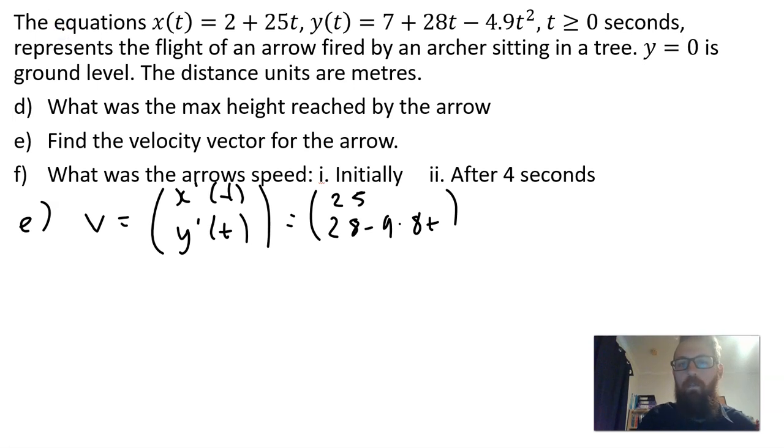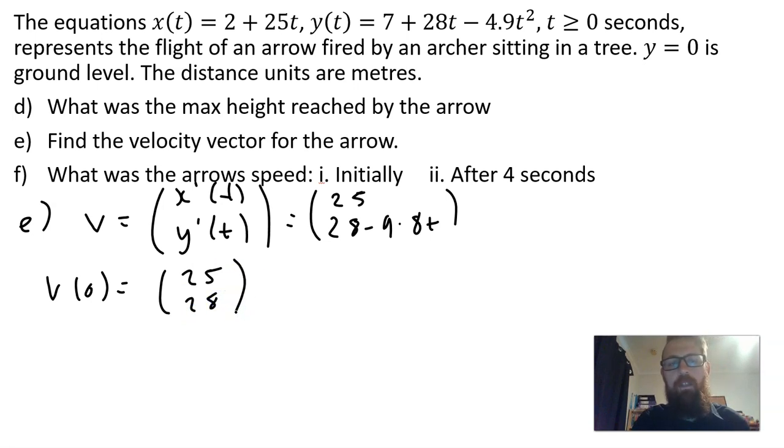So part F, we want to find the arrow speed initially. So again, we're going to use this. So v at 0 is going to be equal to 25, and we put 0 in the bottom one, 28. So that's the vector velocity. We want to find this speed as well. The other one we want to do is find it after 4 seconds.